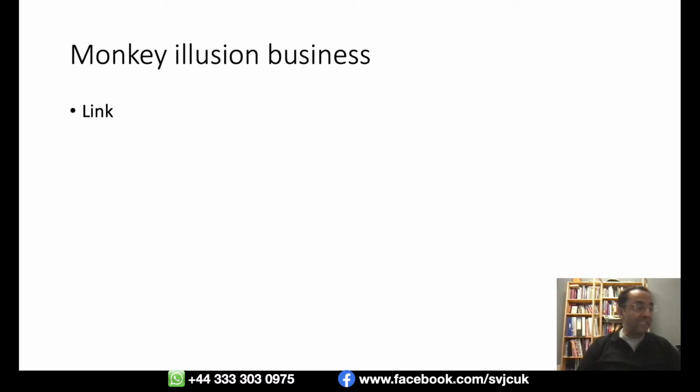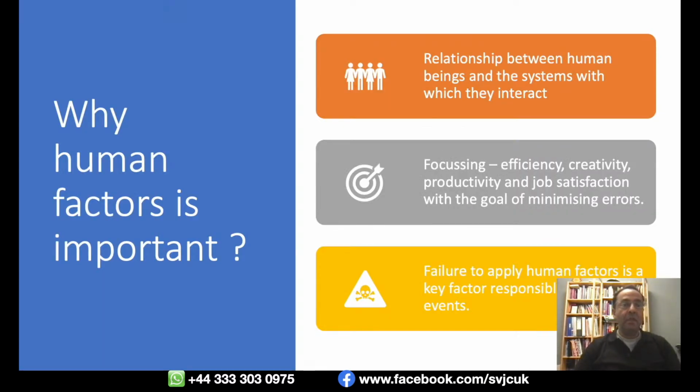This is called selection attention or selective attention. So why are human factors important? Human factors is to make it easier to do the right thing. So if it is easier to do the right thing, it will be harder to do the wrong thing.